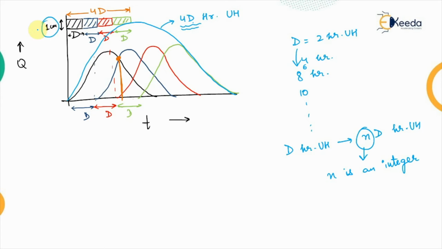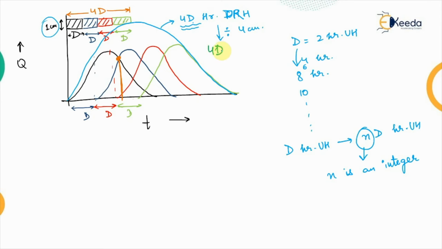Now one problem is that when we are calculating for 4 times D hour, for each rainfall this 1 centimeter has occurred. That means this is not the unit hydrograph, this is the direct runoff hydrograph for the 4 centimeter rainfall. To obtain the unit hydrograph, we have to divide it by 4 centimeter, because for each rainfall 1 centimeter was the excess rainfall, because of which we are getting the direct runoff hydrograph.